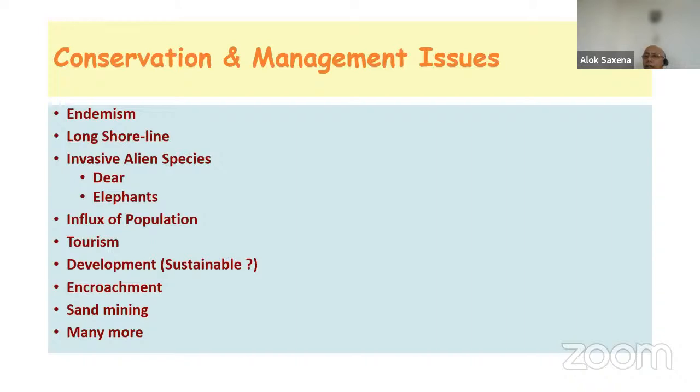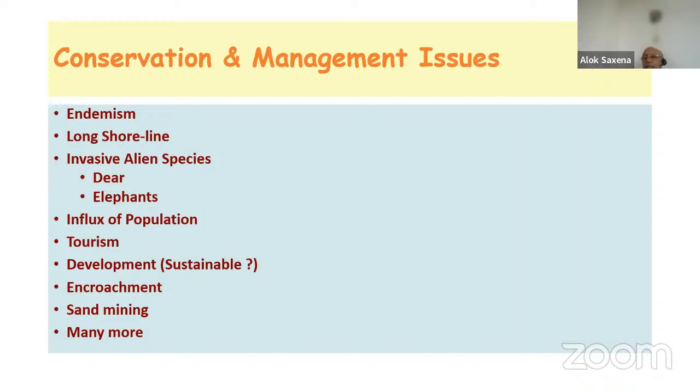Hunting was banned totally, and there was no predator, so its population was growing. You will not believe that almost every island of the Andamans has deer, except Narcondam and Barren Island. You will find this cheetal everywhere.